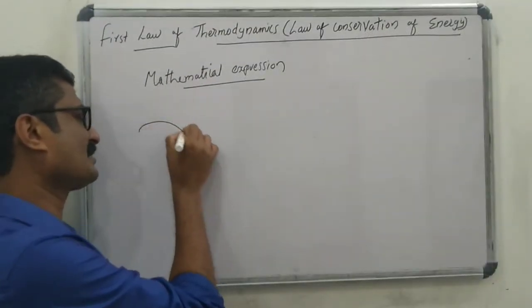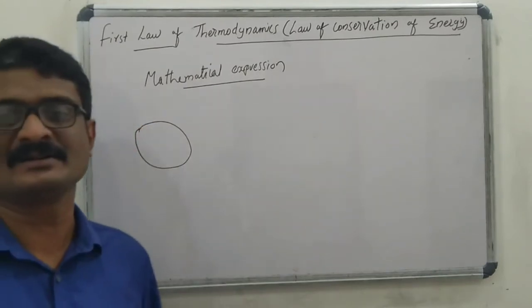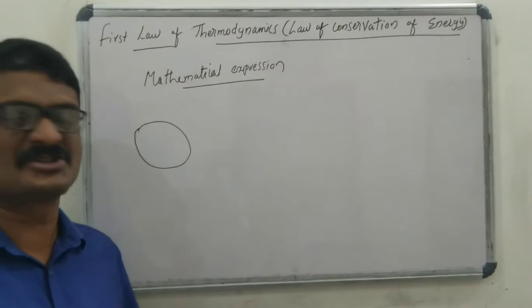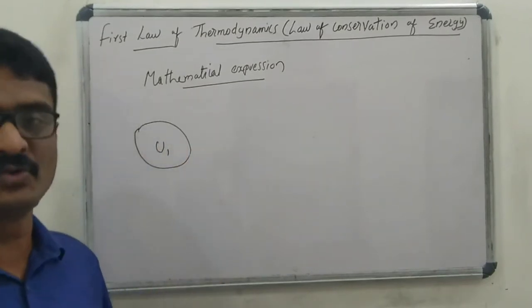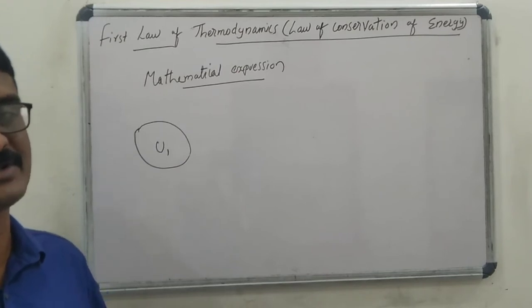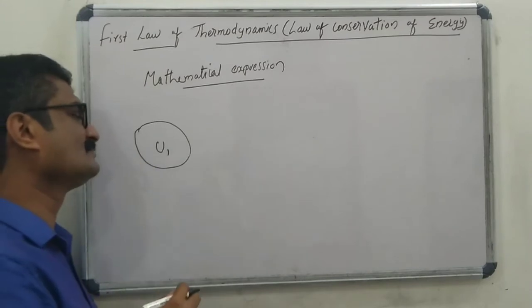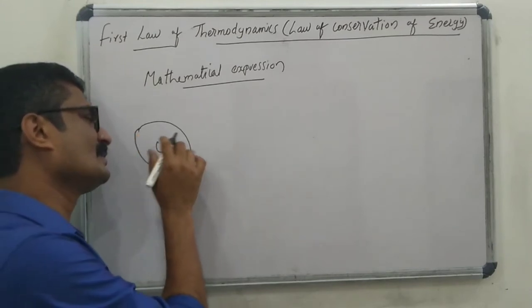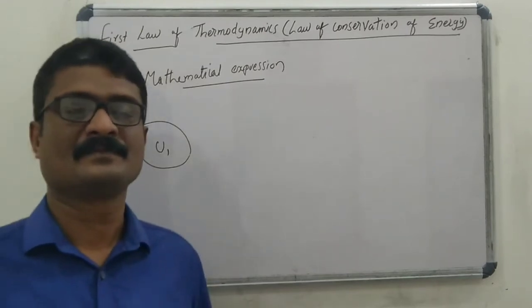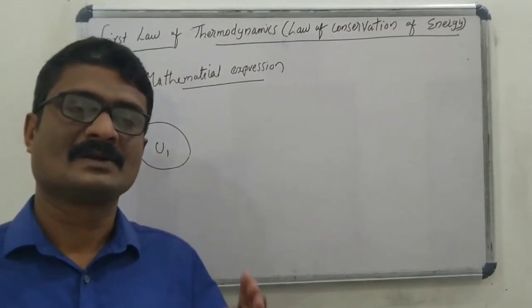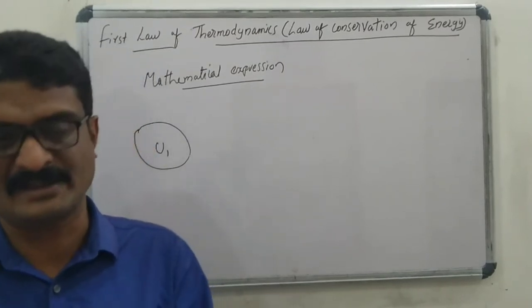Suppose this circle represents a system, okay, and let the internal energy of the system be U1. U1 is the internal energy of the system. Then, yes, suppose this system is changed from one state to another.